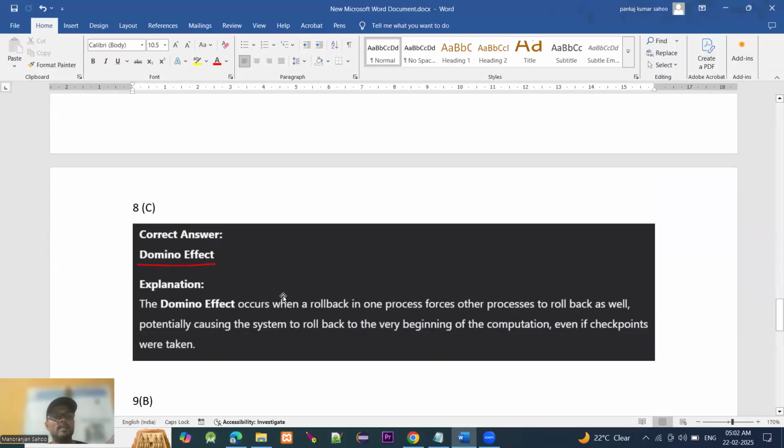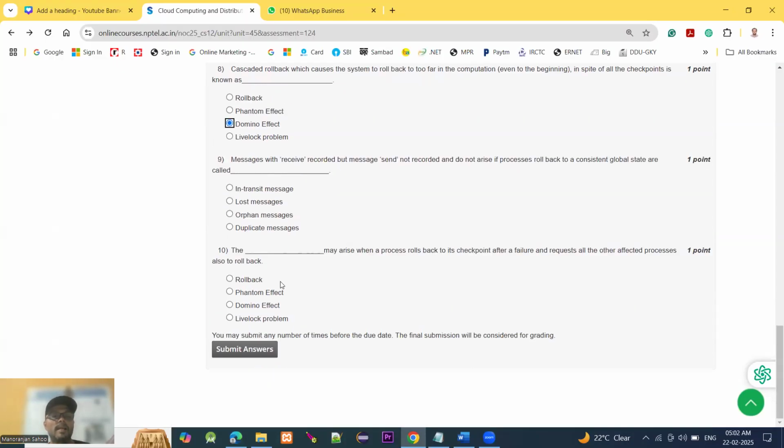The domino effect occurs when a rollback of one process forces other processes to roll back as well, potentially causing the system to roll back to the very beginning of the computation even though checkpoints were taken. So 8C.